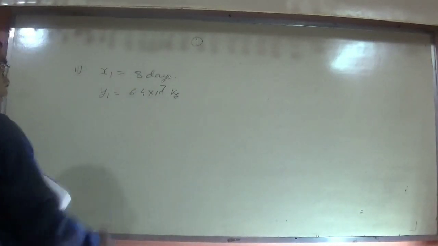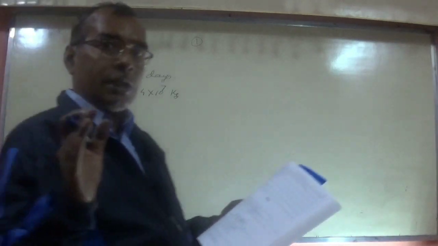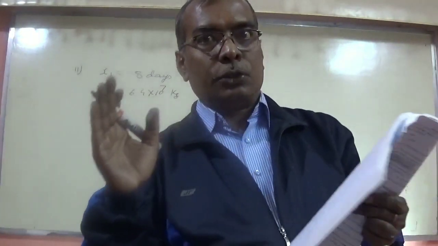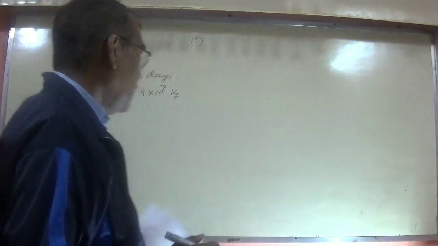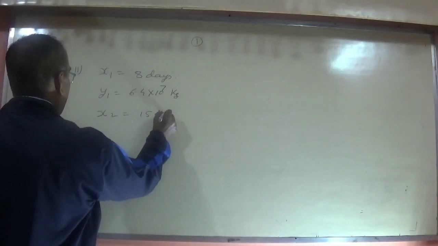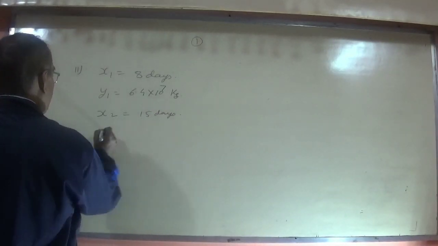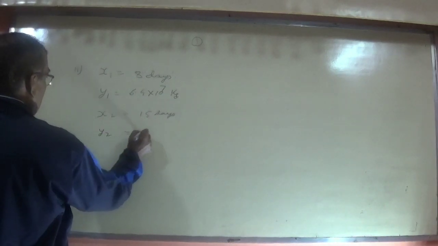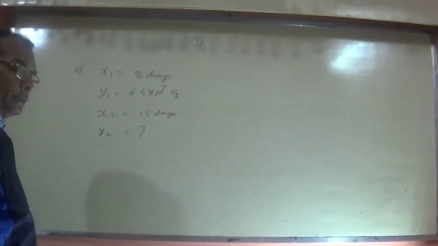See, this is in scientific form. Scientific form means after 1 digit the decimal should come. That I have told you already. And x2, number of days, is given as 15 days. And in 15 days, how much dust will accumulate on earth? We do not know. You have to find that.